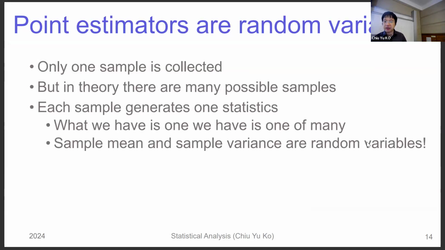The theory is that the sample mean and sample variance we get are part of the data, so they are random variables themselves. They depend on what you get; there is randomness, on top of the population you are trying to draw from. By making this kind of assumption, it's fine.